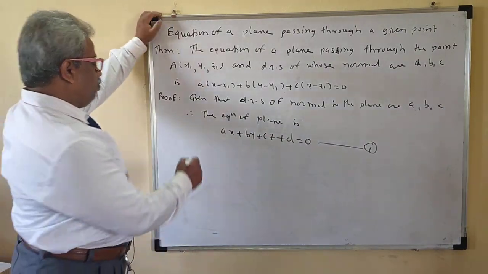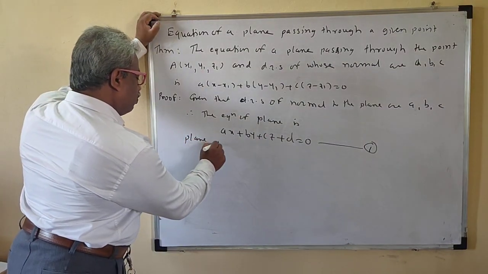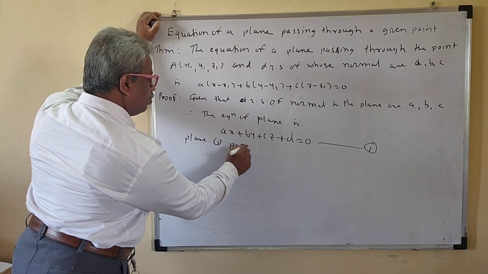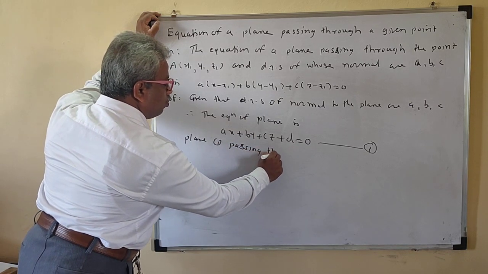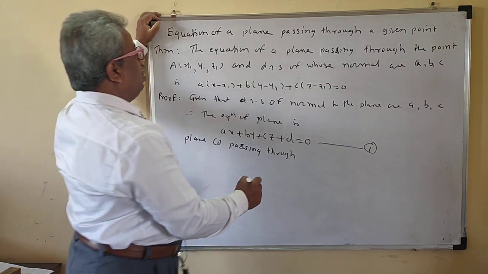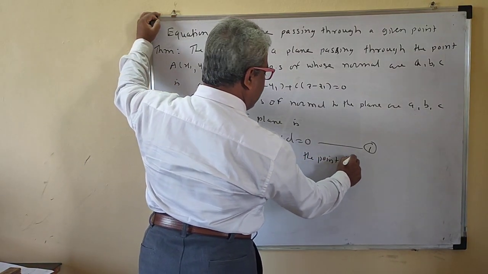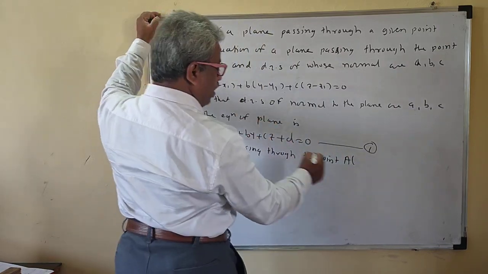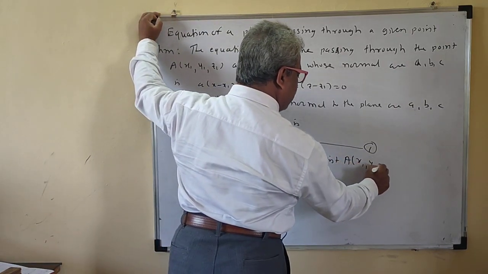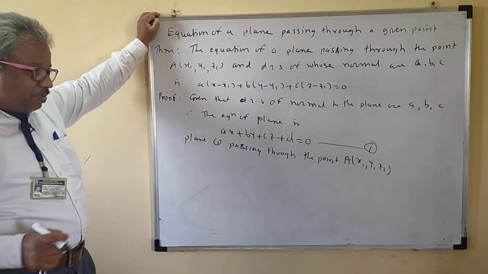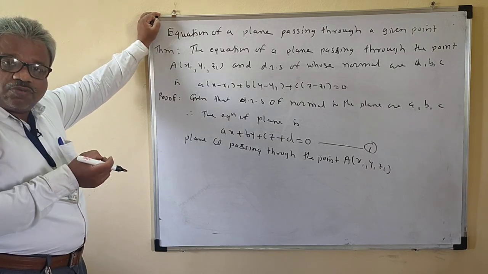So the plane is passing through the point A, we have been given the point (x1, y1, z1).